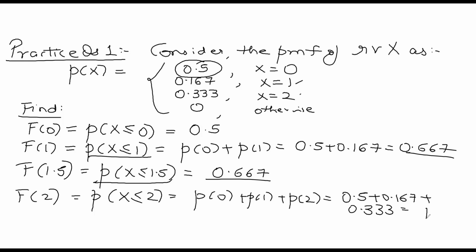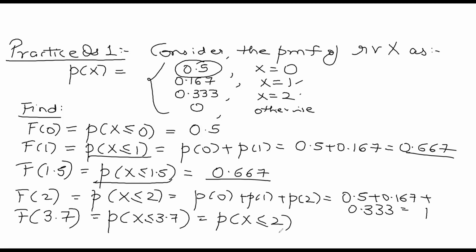Now, if I ask you f of 3.7, what will that be? Probability of x less than equal to 3.7 will be exactly same as probability of x less than equal to 2, because 3.7 is more than 2.